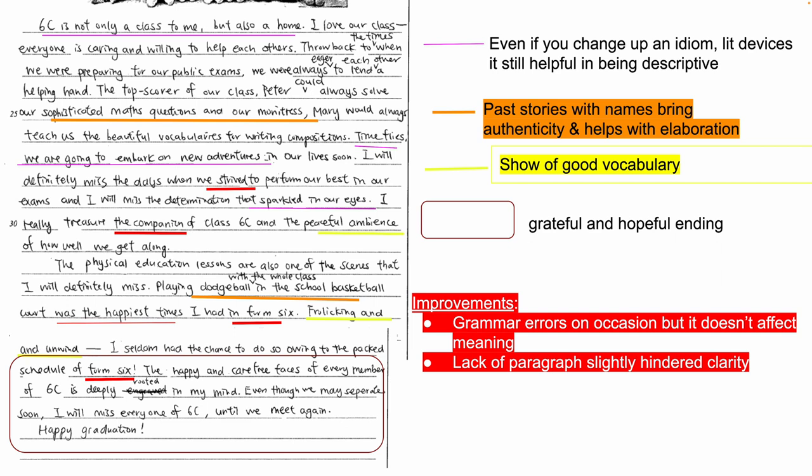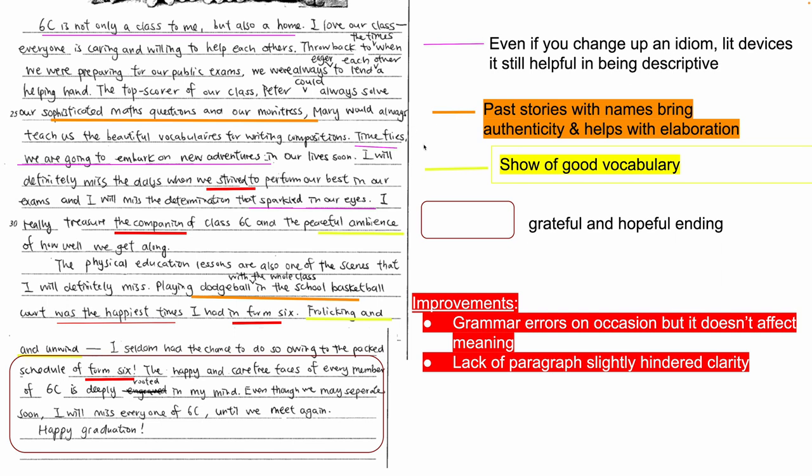It's an exam. Lie away and sound like you really mean it. Okay, so moving on. Again, a lot of past stories here. I like the fact there were names. Peter, Mary. Names just, again, bring another level of authenticity, some realness into your writing that will score you more points.